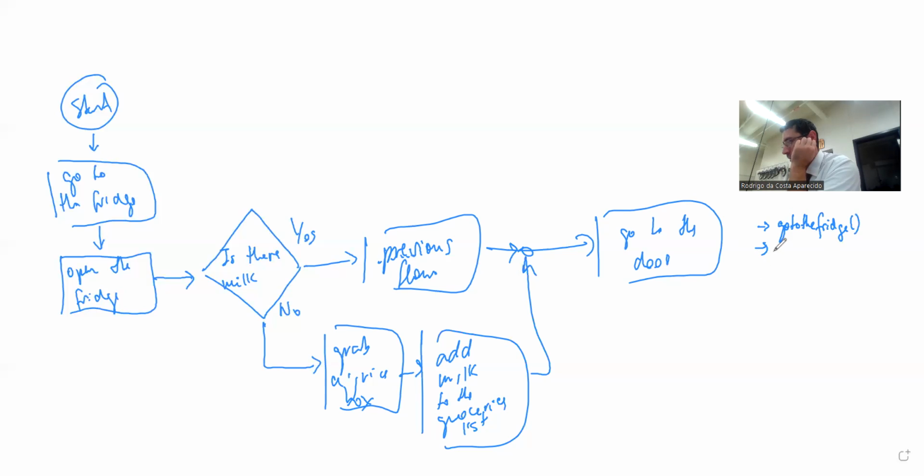And then there's another one that's open the fridge. All right, and then comes the if statement. How does the if statement work? And how do I know that this one is actually an if statement? Because what if it's not? What if it's a for loop? What if it's a while loop?